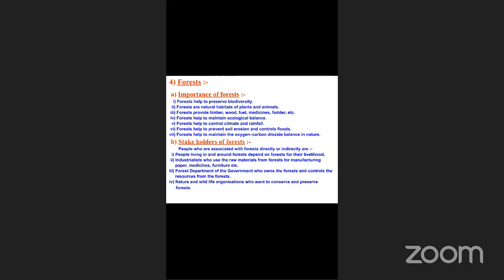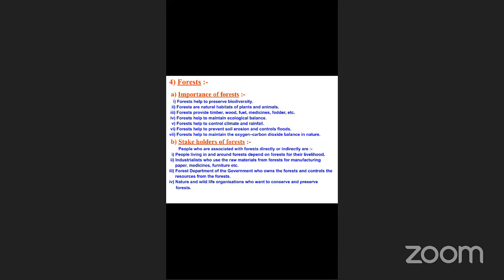That should not take place. So all these points are very important, and we have to remember that these points are important for the need of the management of natural resources. Clear?